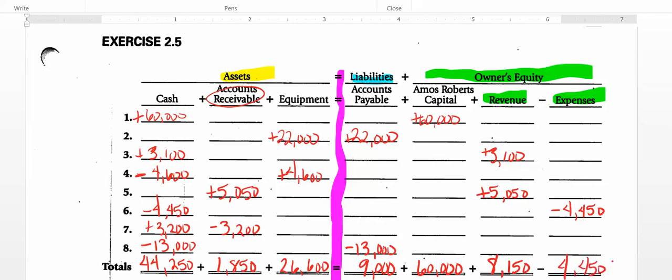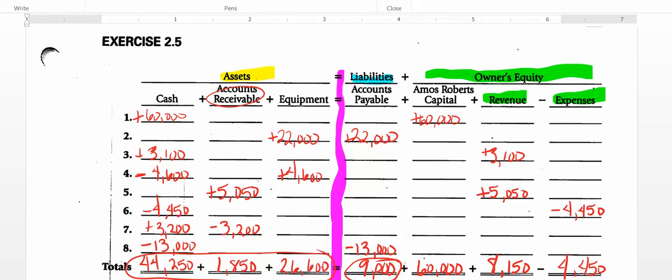$4,450. Okay, so now we're going to add the three assets together, and we are going to add together our liabilities. And our owner's equity is just a little bit tricky, so we're going to subtract $4,450 from $8,150 and then add to $60,000.